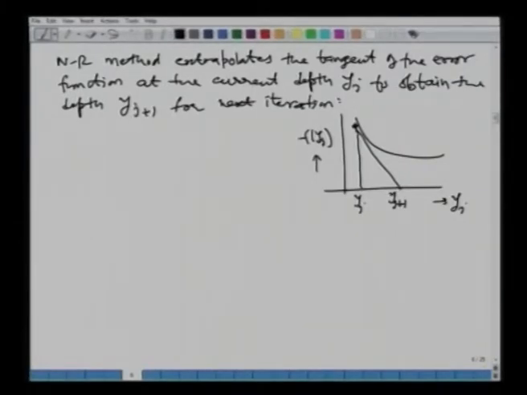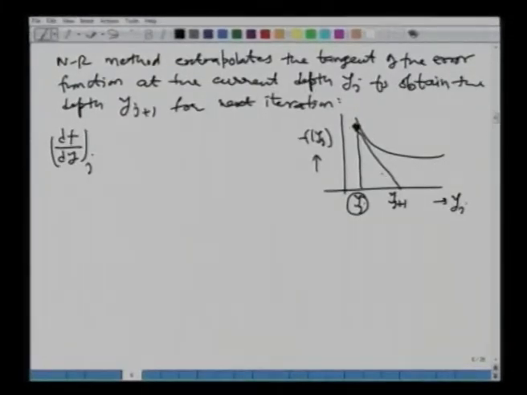What we are saying is that the Newton-Raphson method extrapolates the tangent of the error. What is the equation of the tangent at that particular current point? Well, it is nothing but the first derivative. So, if you write the first derivative df over dy at your jth iteration, this is your point on the curve and you want to write the first derivative equation of this line.